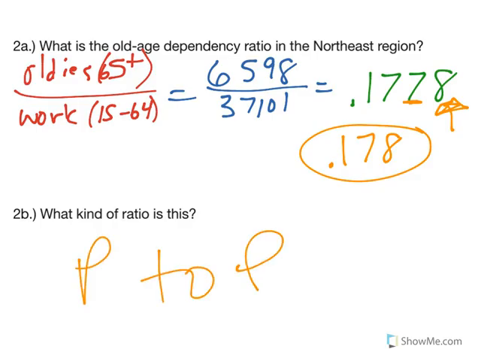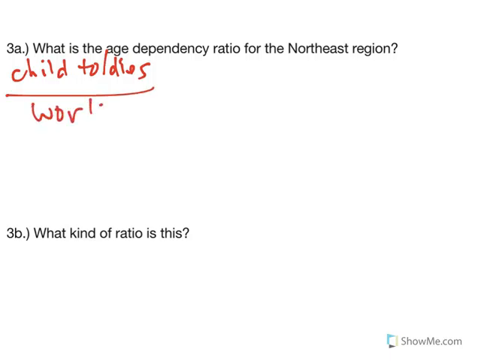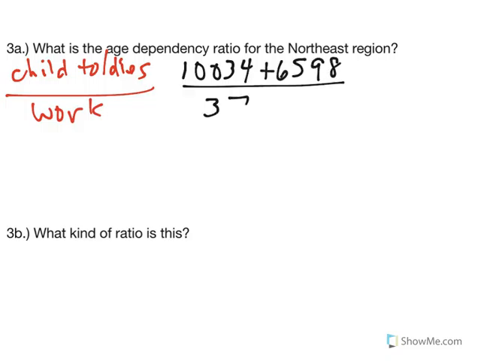And again, this is part to part because oldies are part of the population and the working class is part of the population. And finally, age dependency ratio. That's where we take the children plus the oldies and we divide by the working class. So I've got the 10,034 children plus the 6,598 oldies compared to the 37,101 working class.